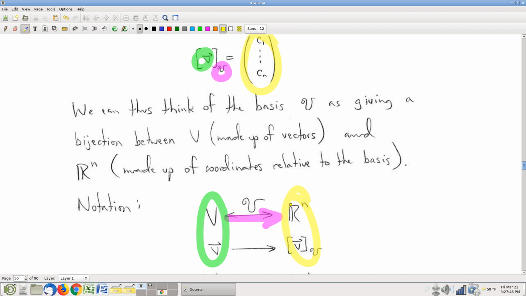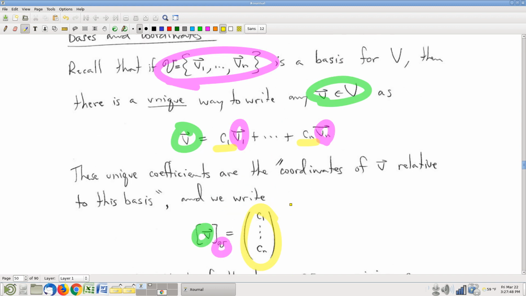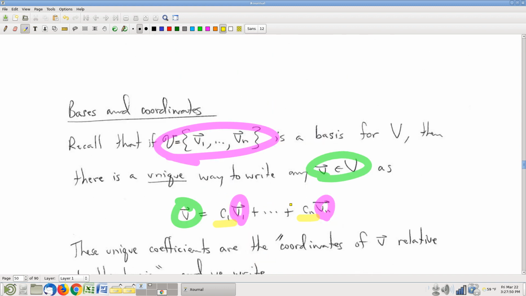If you change to a different basis, let's come up here and look at this formula. If you want to describe some abstract vector v, well, given a certain list of basis vectors, there's going to be a certain list of coordinates. But if you change these purple vectors to a completely different list of vectors, well, no surprise, you get completely different coefficients, namely completely different coordinates.